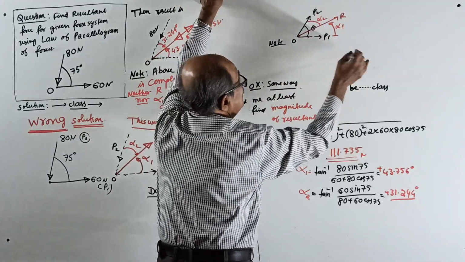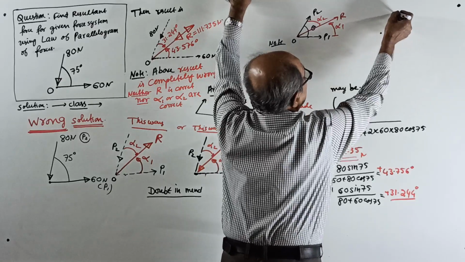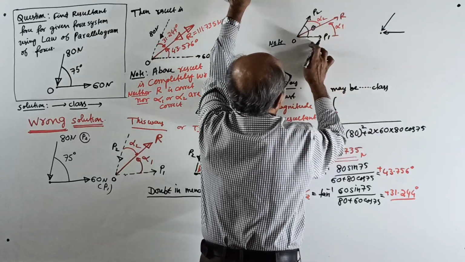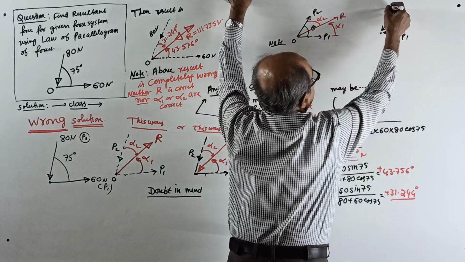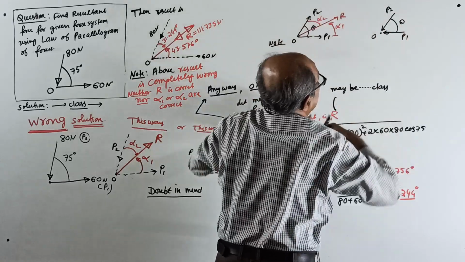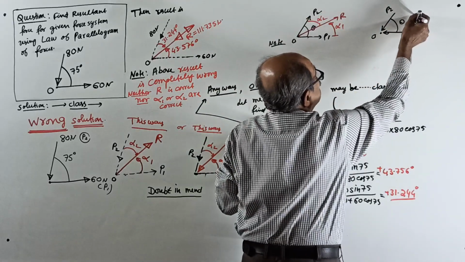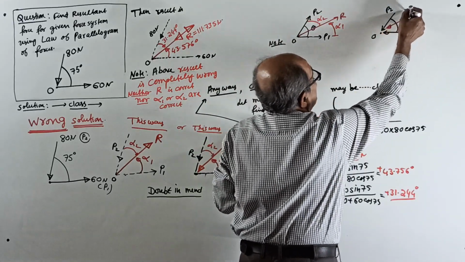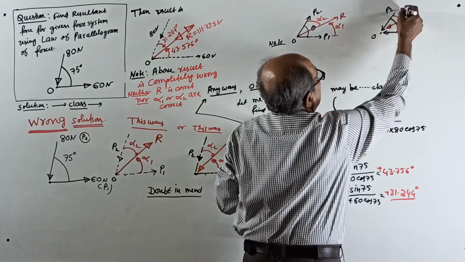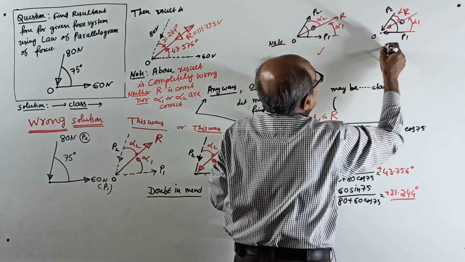Or you can even have both incoming. This need not be horizontal actually, P1, P2. Now also this is theta. Both are incoming. Then the resultant should also be incoming, R. Again the angles are the same, alpha 1 and alpha 2. Both are okay.